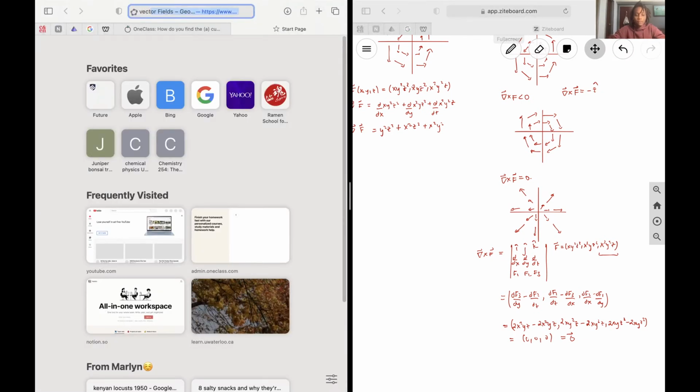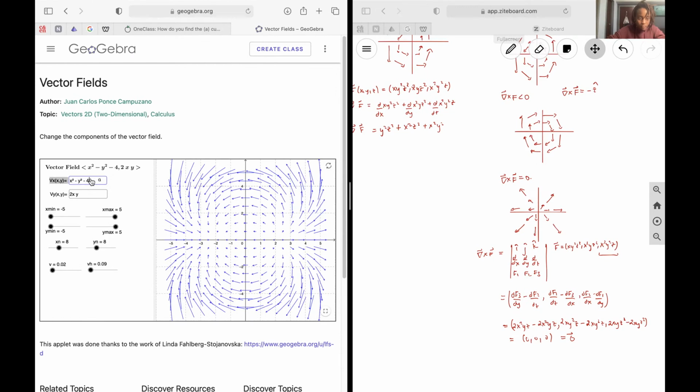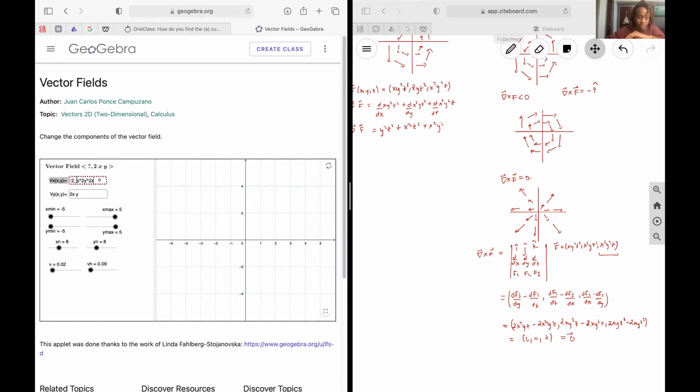Let's see if we can quickly plot it. Oh, it has an issue plotting because of all of the powers.